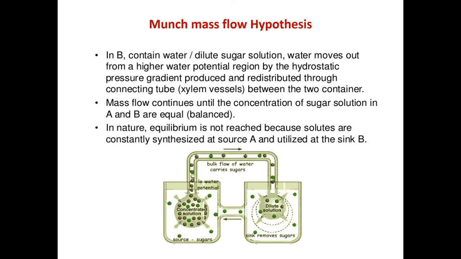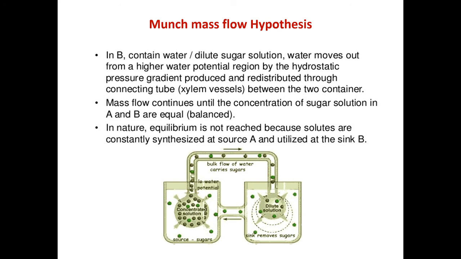Okay, so this is also one of the objections. That is, the water molecules move very slowly, and the sugar molecules move a little bit faster than the water molecules present in the phloem. So this is also an objection which was not addressed by Munch's hypothesis.